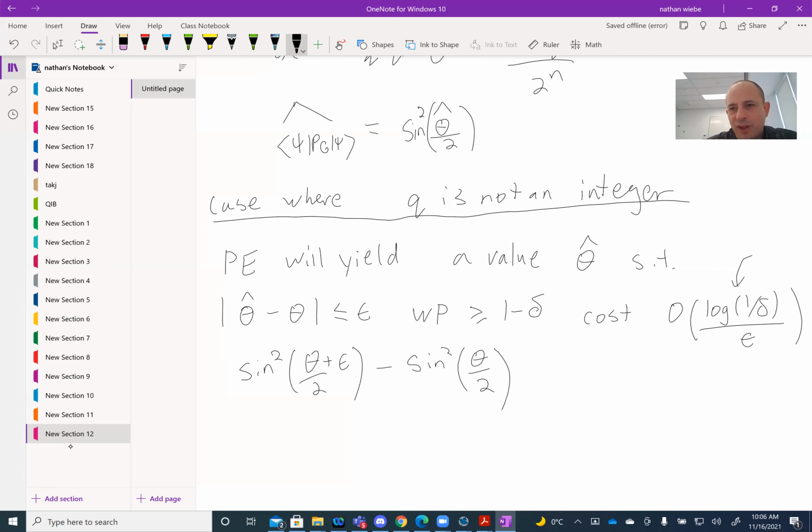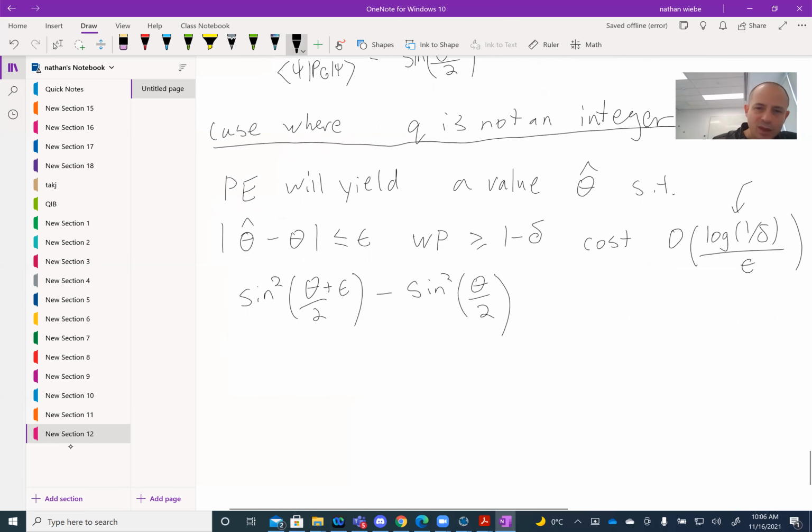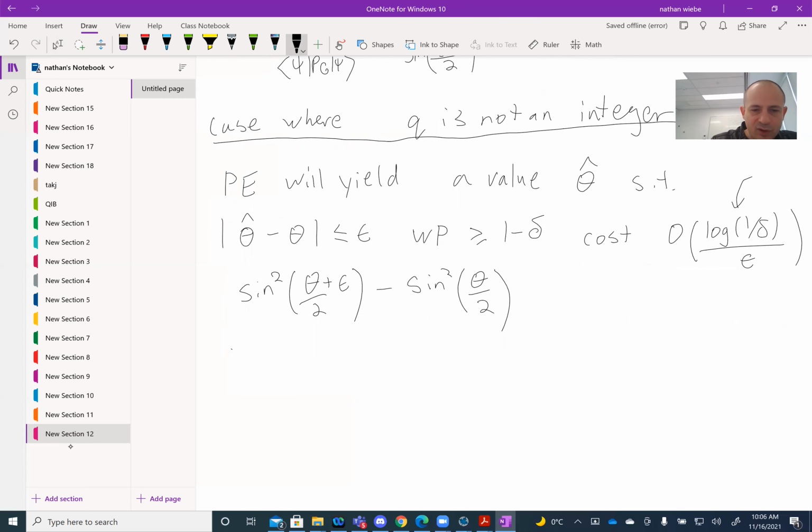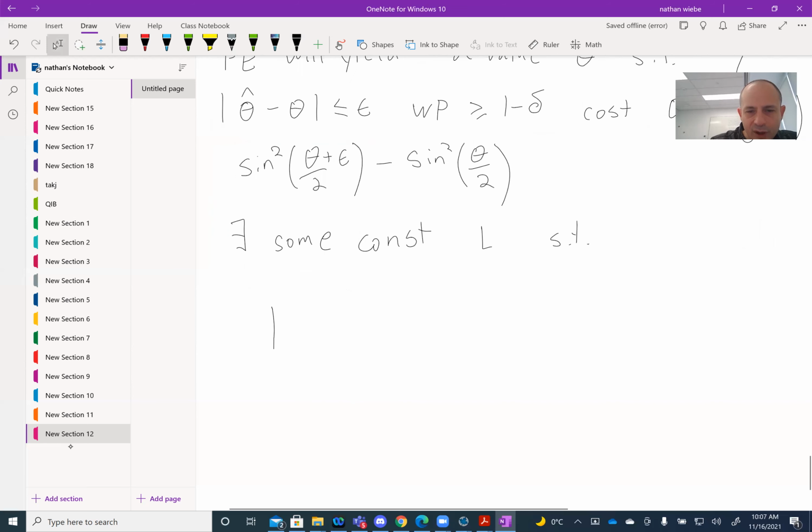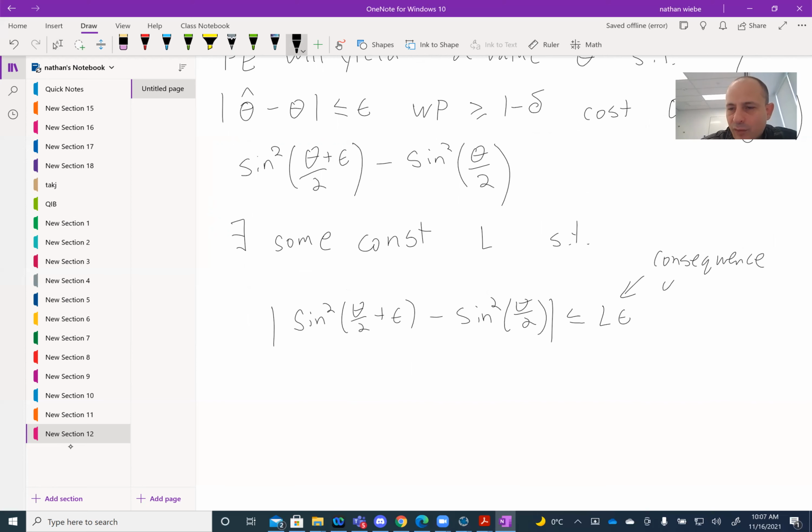Now, I can go through some of the details for this, but the key thing to note is that this is a Lipschitz continuous function. So because it's Lipschitz continuous, there exists some constant L such that sine squared of (theta over 2 plus epsilon) minus sine squared of theta over 2 is less than or equal to L epsilon, because of Lipschitz continuity.